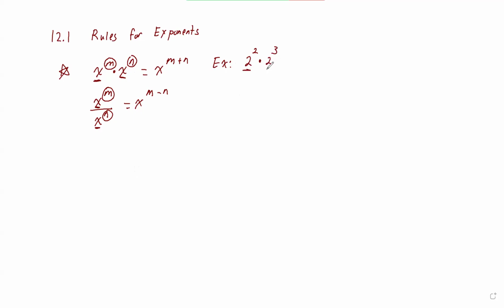These guys are the same, so it will remain the same. But since I'm multiplying, I'll add these two numbers. So this will become 2 to the 2 plus 3, which is 5. You don't actually physically multiply the bases; you add the exponents.